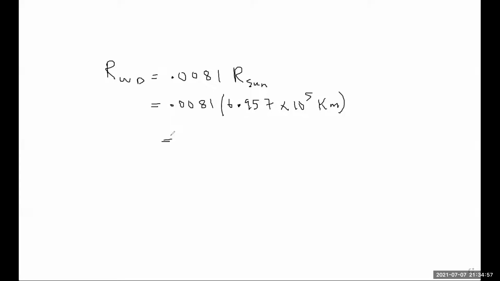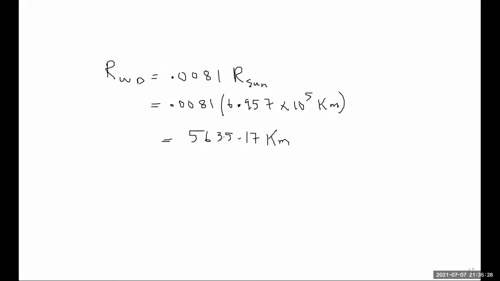So then let's multiply that: 0.0081 times 6.957 times 10 to the 5th. Oh, that comes out to be 5,635.17 kilometers.